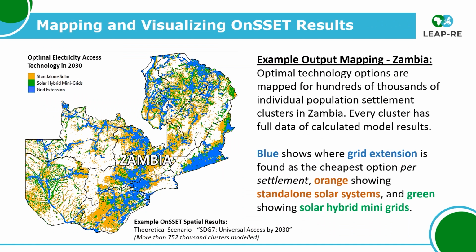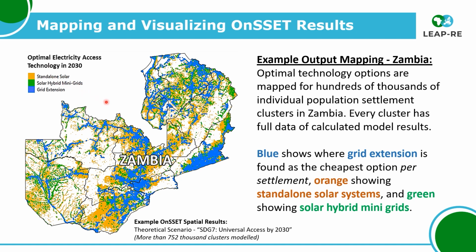So what does this actually look like? Here we can see an example for Zambia, including in the SDG 7 Universal Access by 2030 scenario. Which solutions would be the best for hundreds of thousands of individual population clusters across Zambia in the year 2030?